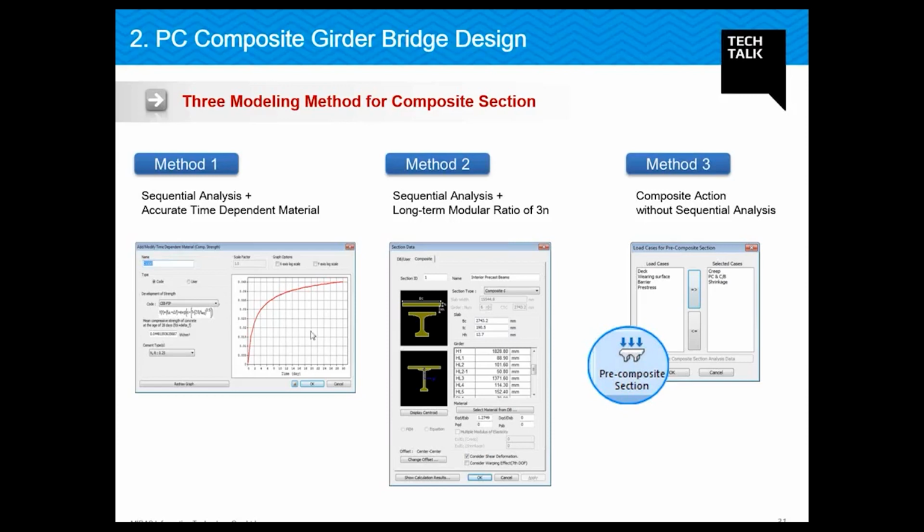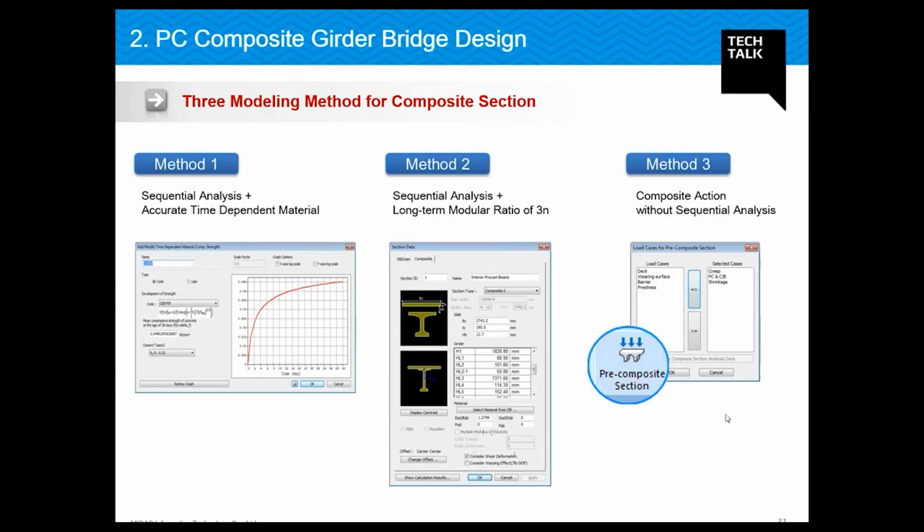But instead of this way, if you are more familiar with the practical way, which uses the 3N for the long-term effect, it is also available in MIDAS Civil, as you can see from here. For the long-term effect, we can specify different elastic modulus factors, and then they will be considered.